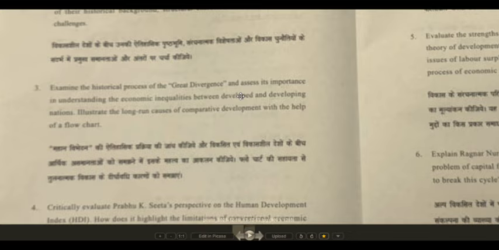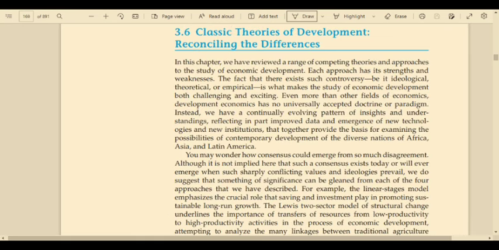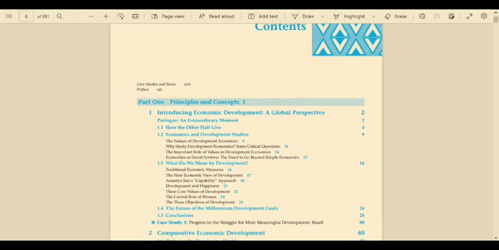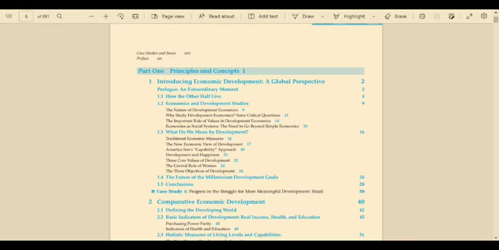This is also from Unit 1. You can go through it once. Let us open the PDF of the book and try to find great divergence.